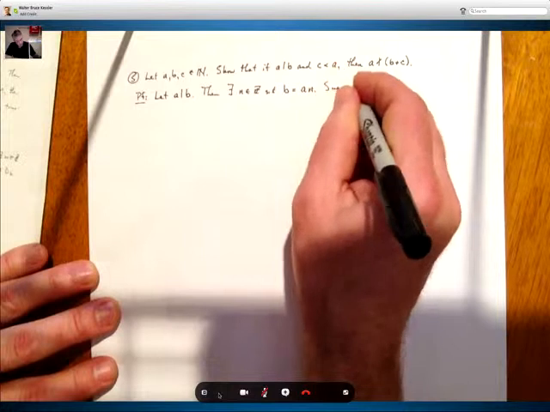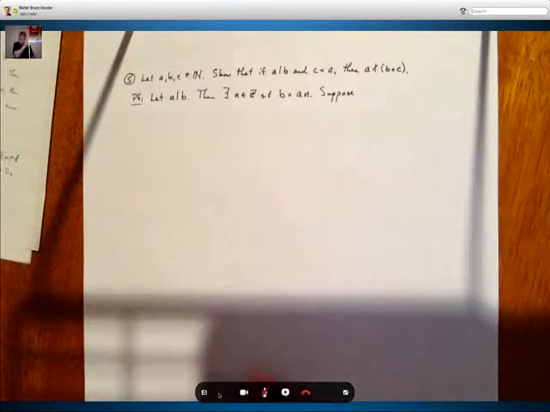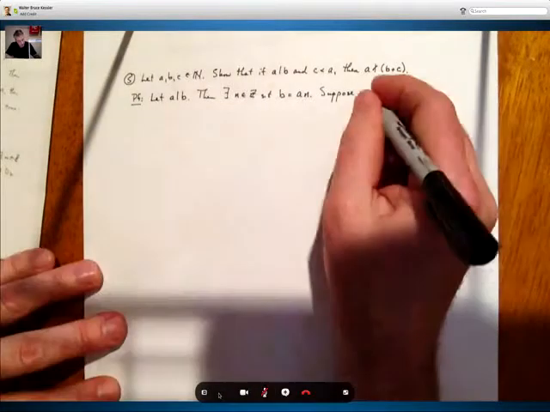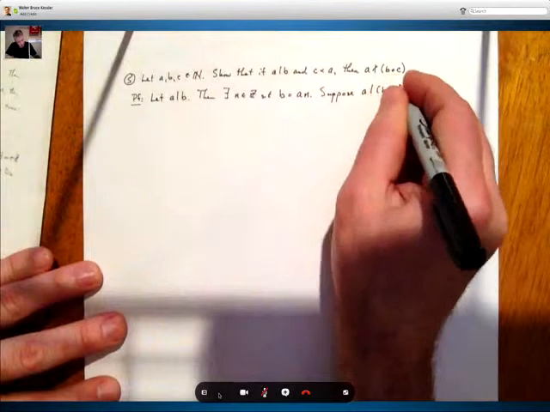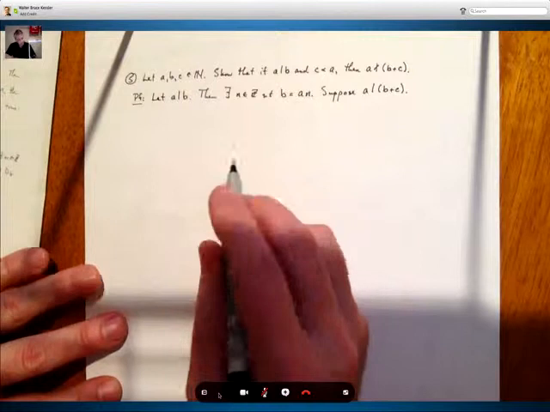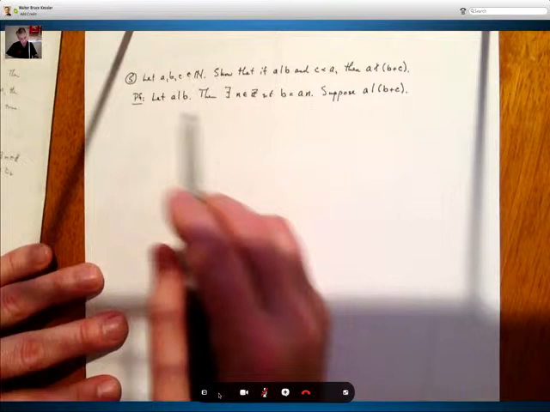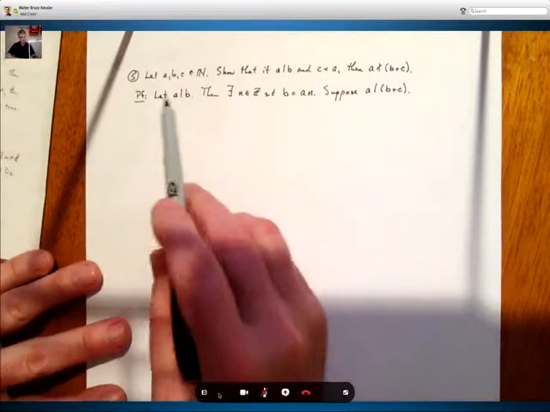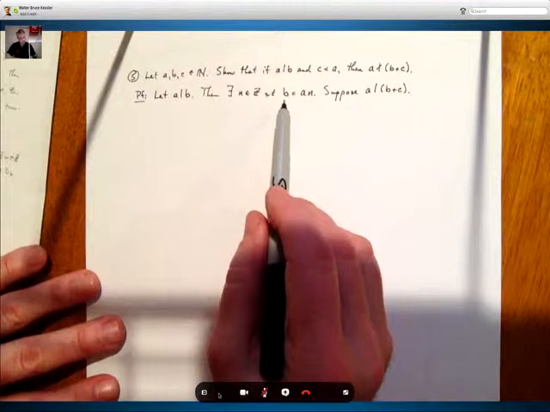So then let's suppose, and remember I'm working towards the contrapositive here, that A does divide B plus C. Okay? Oh, and I should have said something here. This is kind of an important part. Just to be accurate on this, these are natural numbers.